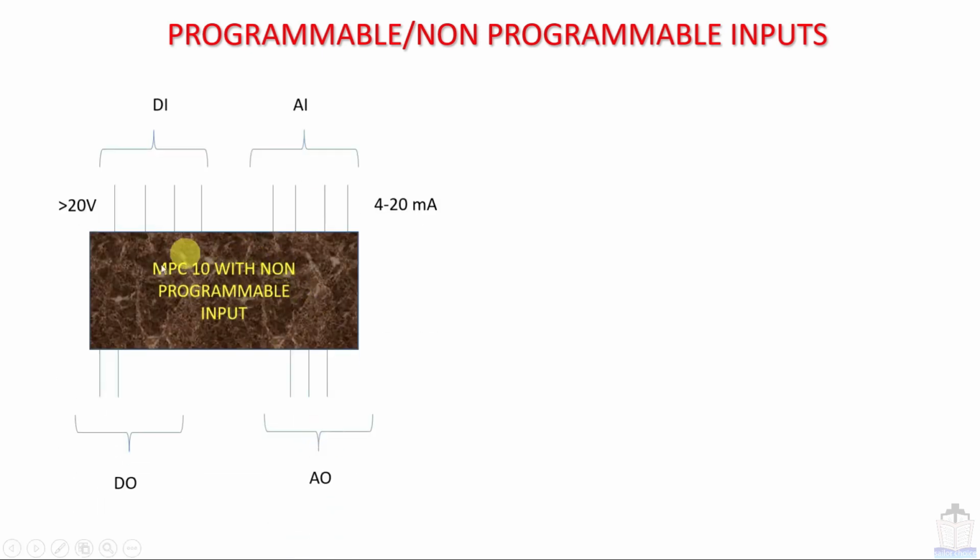Here this is just an example of the MPC 10, and here you can see that analog inputs and digital inputs are given. In the analog input, it can read only 4 to 20 milliampere in all channels, whereas in the digital input it can read only greater than 20 or less than 20 volt in all channels. Okay.